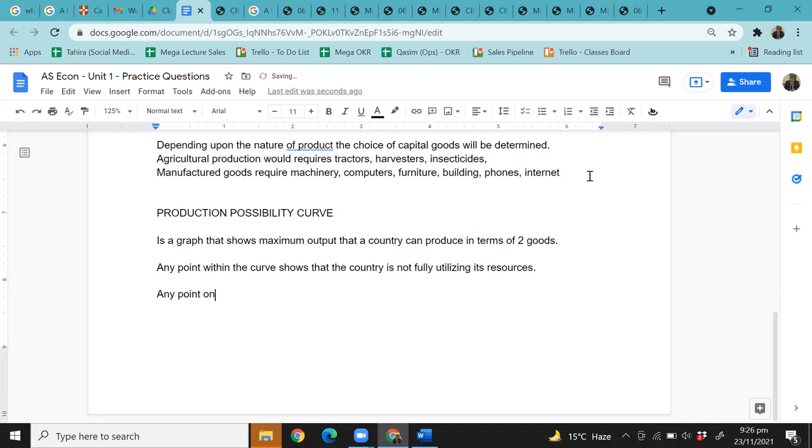Any point on the curve shows full employment of resources, right? And any point outside the curve is not achievable. Why so? I'll tell you. Okay, students, let's go back and see what we meant in each of these cases, right?